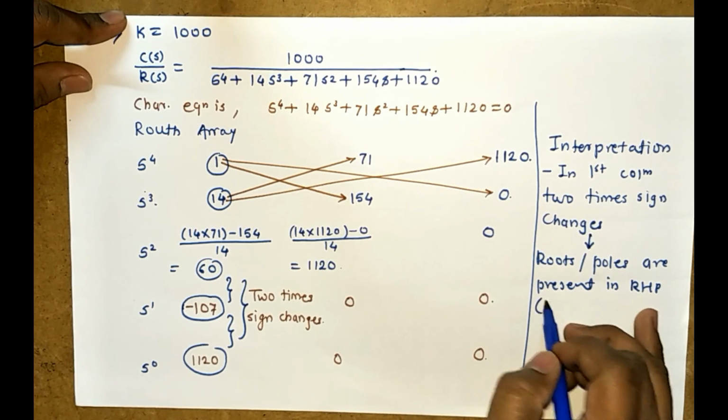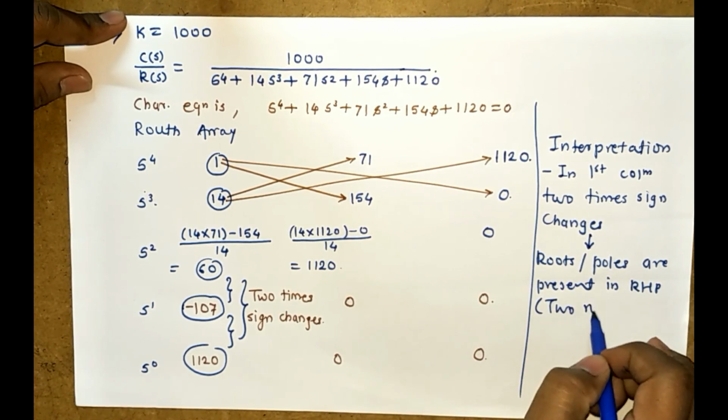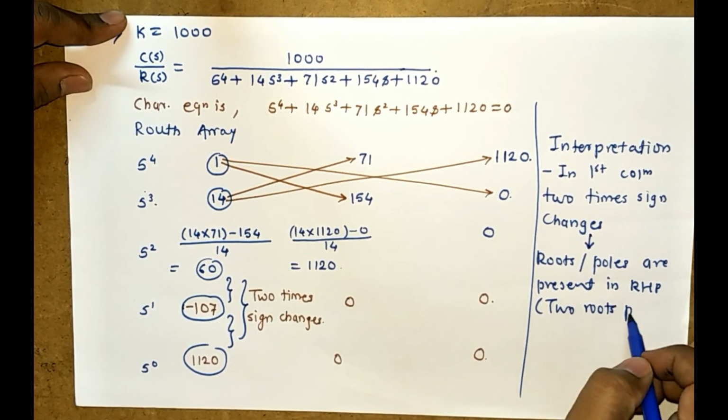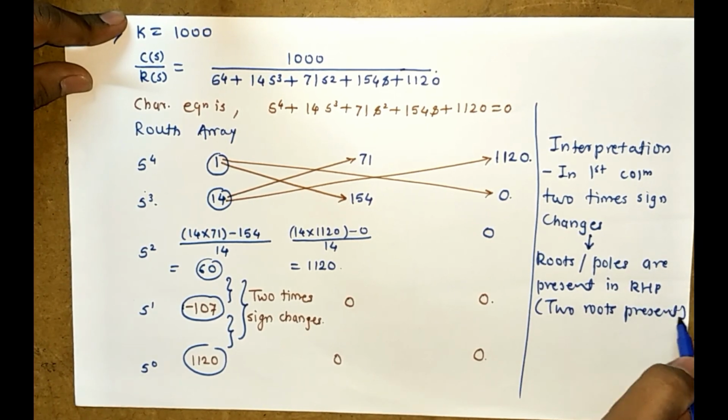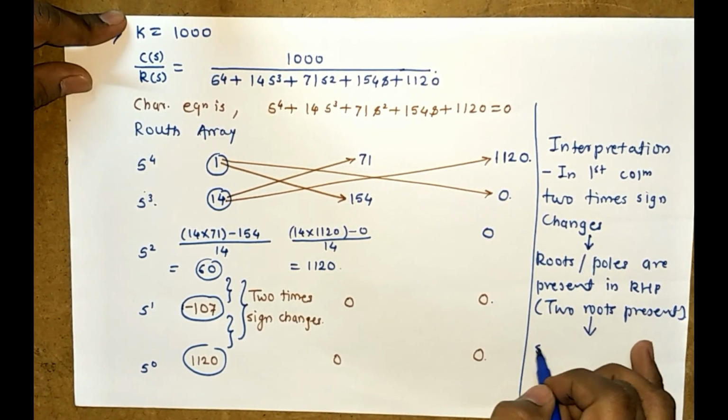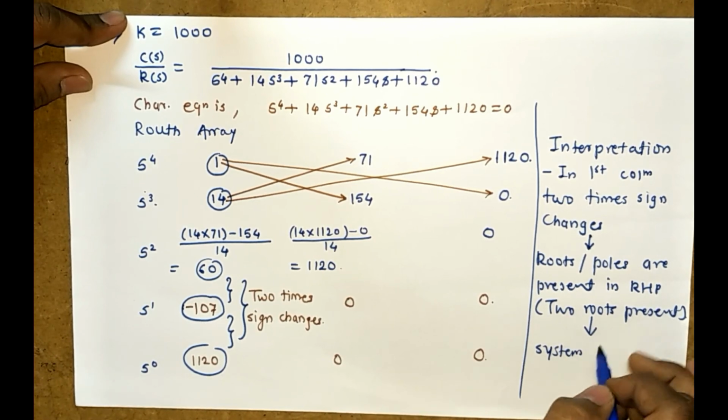Two roots or poles are present because 2 times the sign is changing. So you can say that the system is unstable.